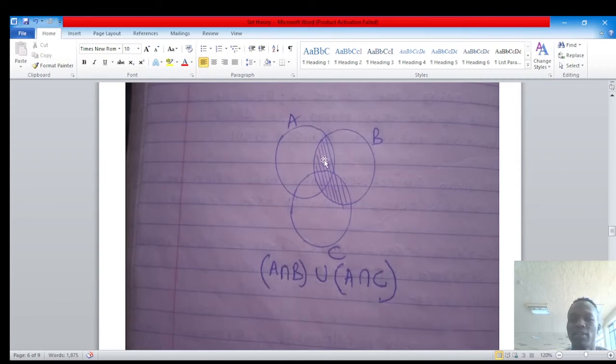It's read by set A intersection B, union A intersection C. You can see A also intersects with C. But B and C did not share anything.